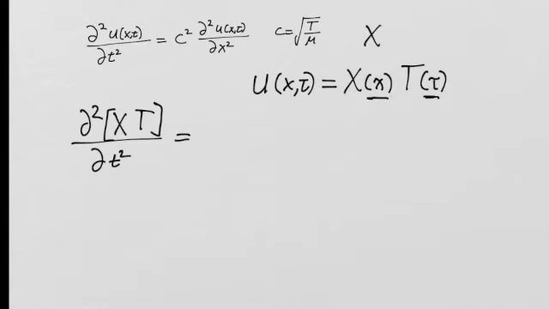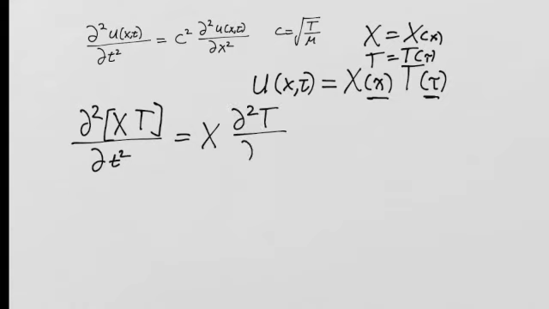We just know that X is a function only of the distance from the nut, and T is a function only of time. Well, X is not dependent on time at all, so you can pull that out, and then you can look at just the second derivative of T with respect to time. But what's interesting is that T is only a function of time, so it's no longer a partial derivative. It's now what we call an ordinary derivative.